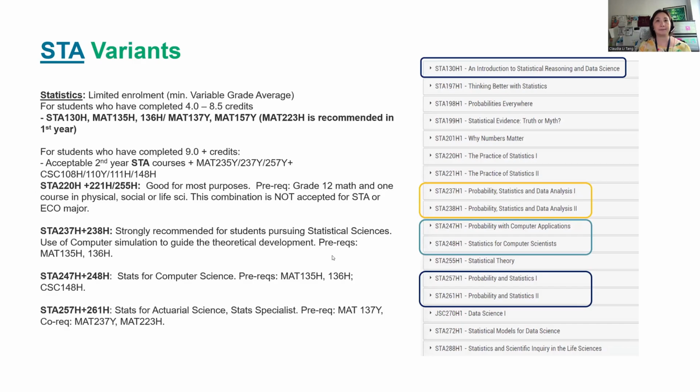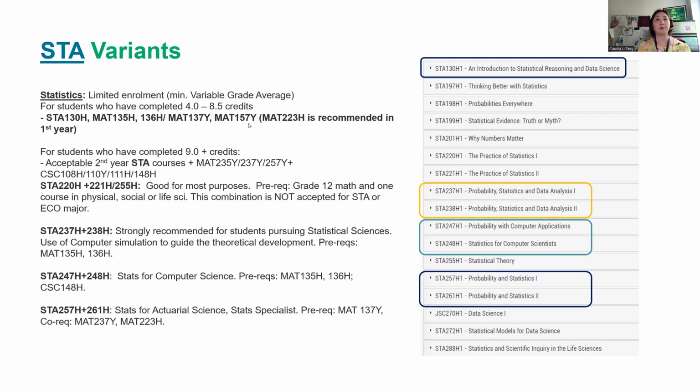Statistics is one of those that if you're interested in data science and statistics, they highly recommend you take Stat 130 in your first year and Math 223 in your first year, because you cannot take Stat 130 in your second year.